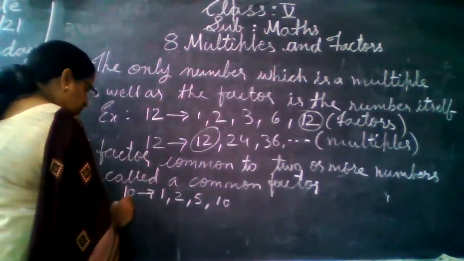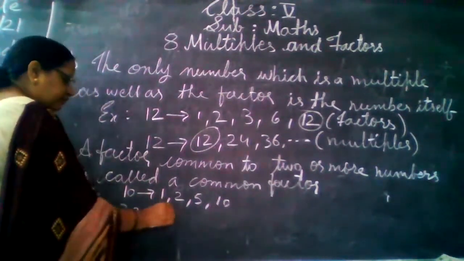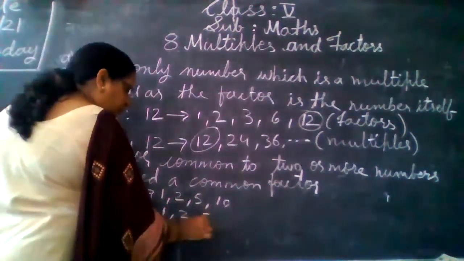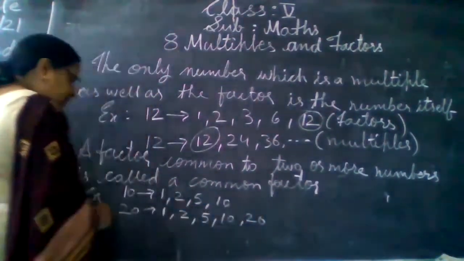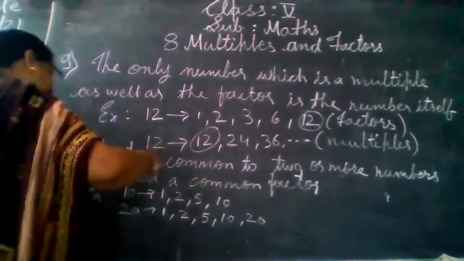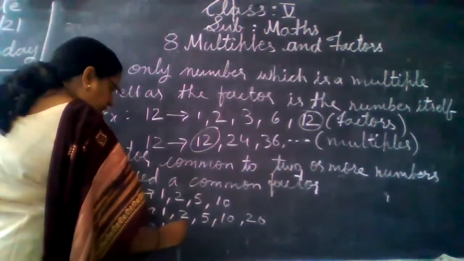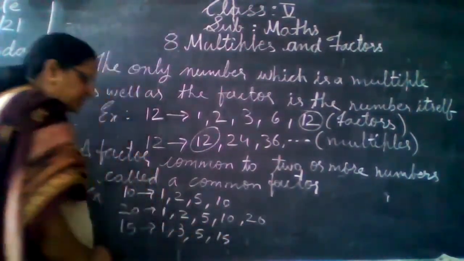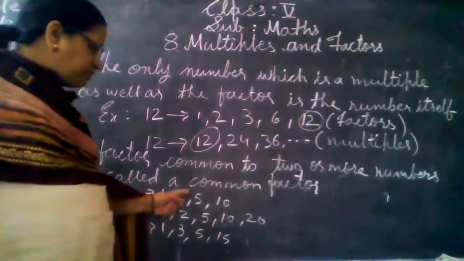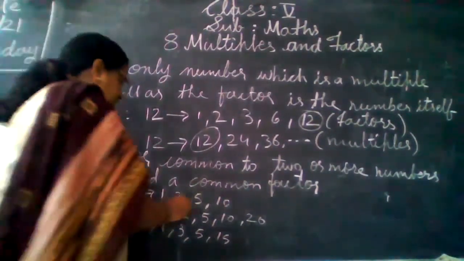What are the factors of 20? 1, 2, 5, 10 and 20. What are the factors of 15? 1, 3, 5 and 15. Now see children, this number 5 occurs in these three numbers.